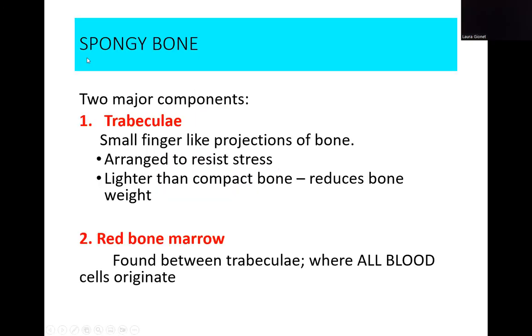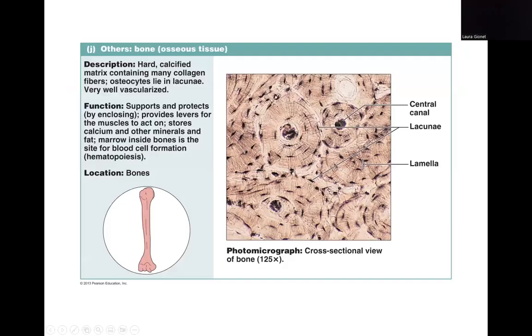Okay, so that is our compact bone. All right, let me just go back there again. So we have osteons, that is the repeating structural unit of compact bone, not spongy bone. The rings here of matrix are called lamella. We have lacunae, the dark slit areas there. That's where we would find an osteocyte.